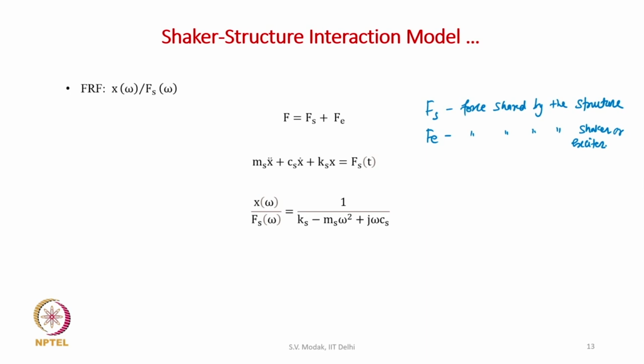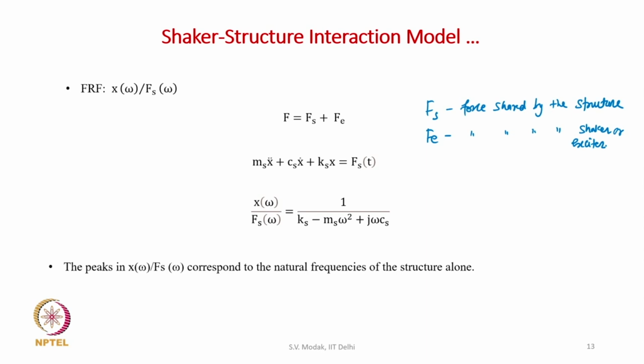right, and therefore the peaks in this FRF, or the frequencies at which this FRF attains very high peak values, would correspond to the natural frequencies of the structure alone. Therefore we say that the peaks in the x upon Fs correspond to the natural frequency of the structure alone, and therefore it would make sense to measure this particular FRF.